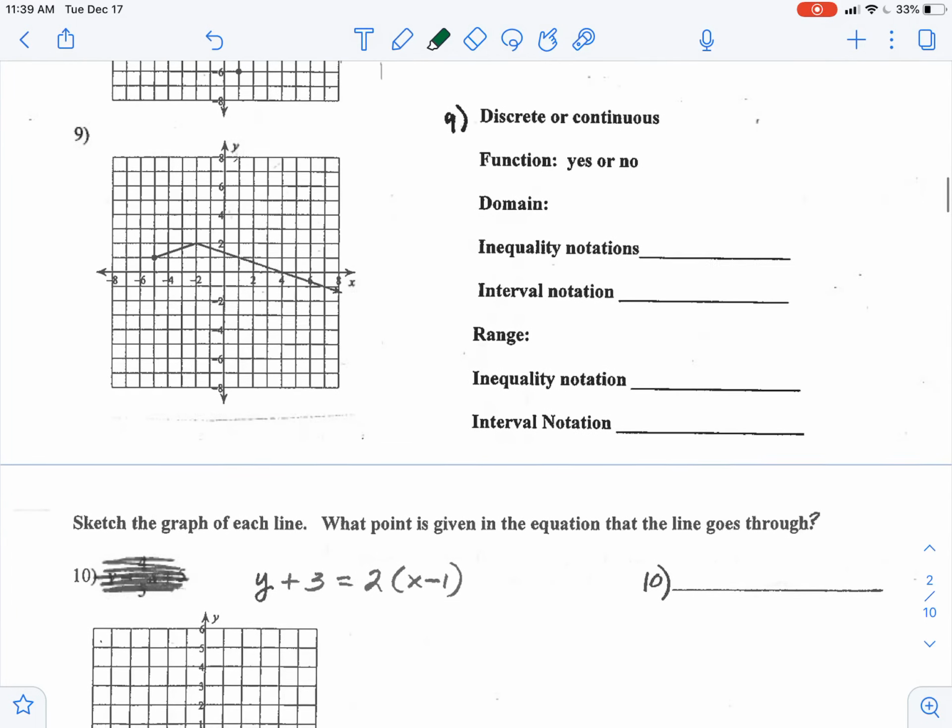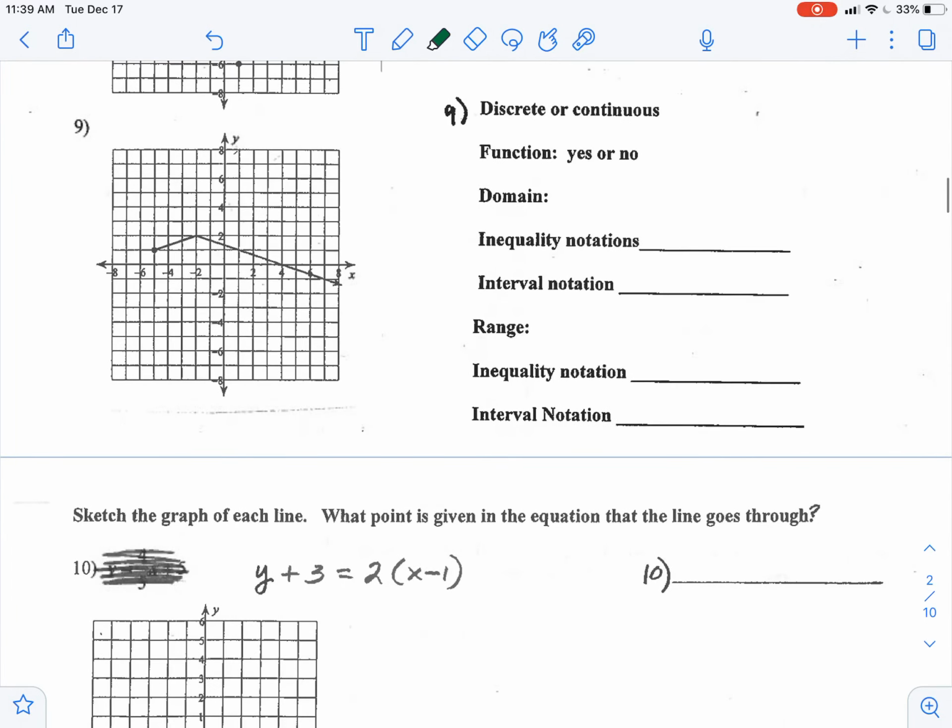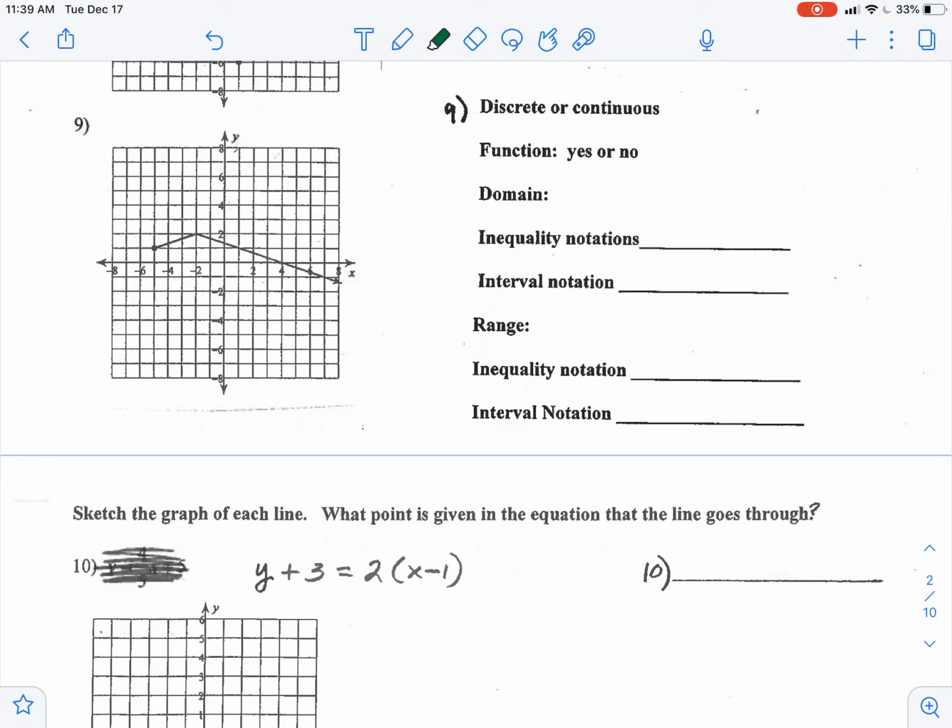Number 9. We're going through the same steps. This one again, I want to know, is it a continuous or discrete graph? Just circle which one it is. Is it a function? Yes or no. Then you're going to write the answer in 2 different forms, inequality and interval notation. So remember, your inequality is when you have your greater than or less thans.